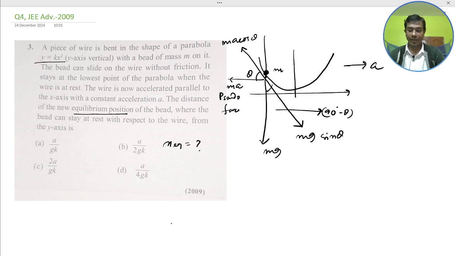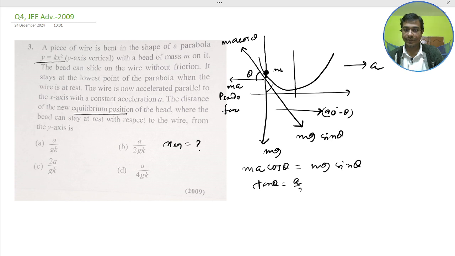Now in the equilibrium condition, ma cos theta would be equal to mg sin theta. So tan theta would be a by g, acceleration by gravity. Basically tan theta is the tangent, that is dy dx.